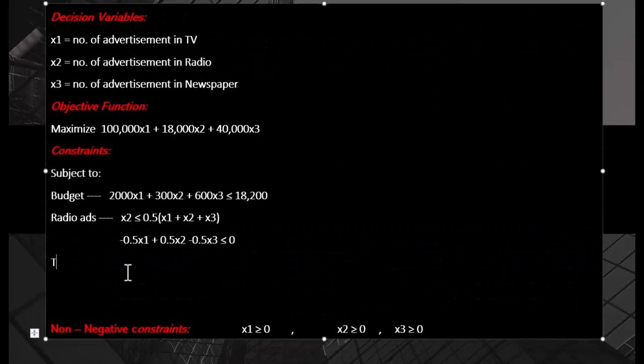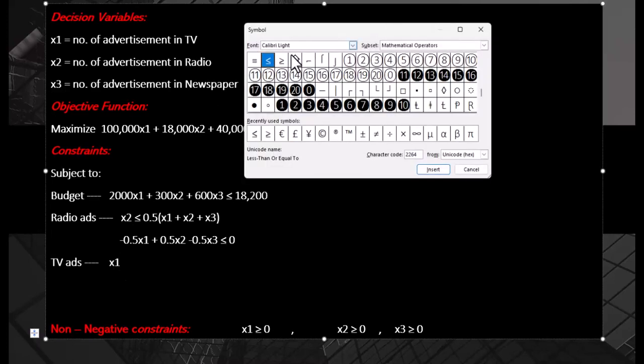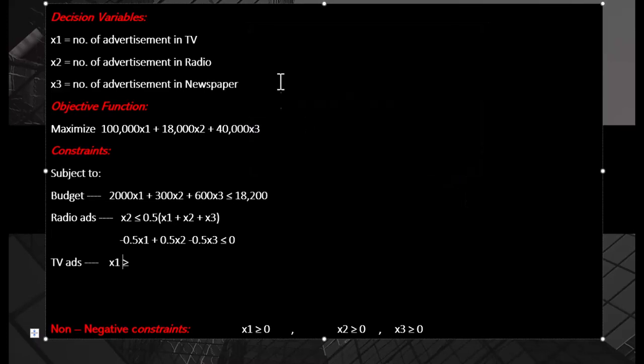For TV ads, it can be x1, and for at least we write greater than or equal to 0.1 of the total number of advertisements.